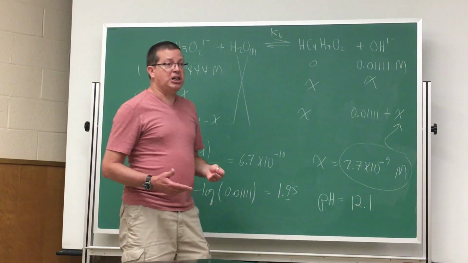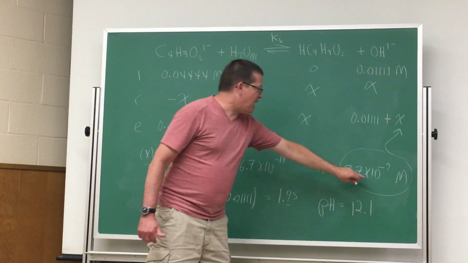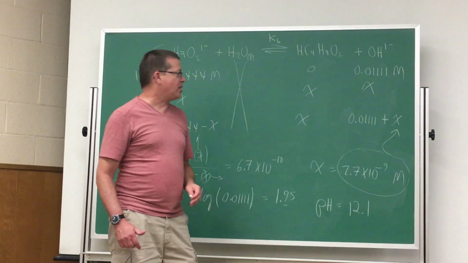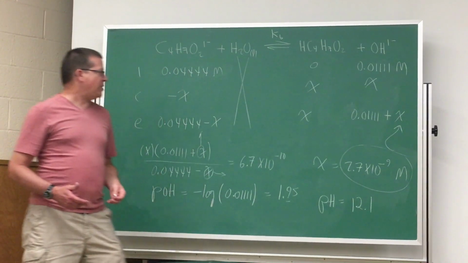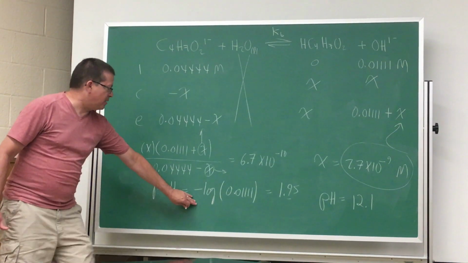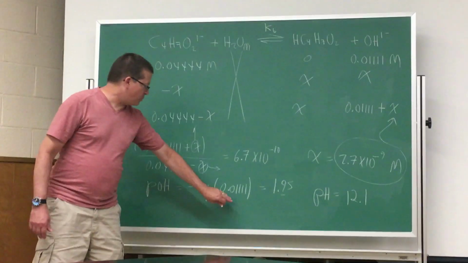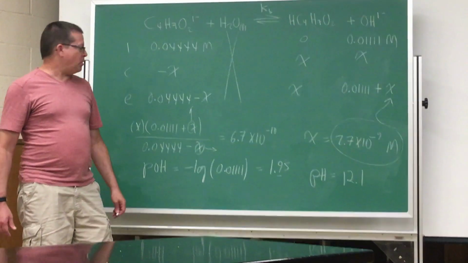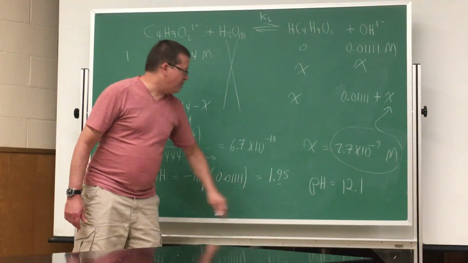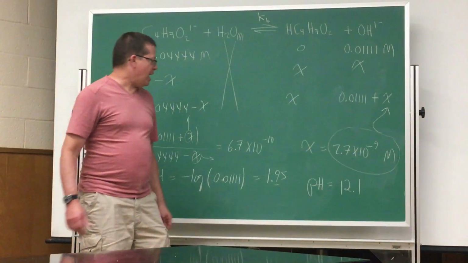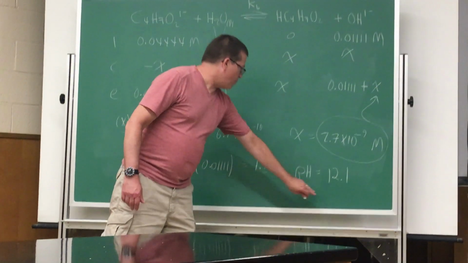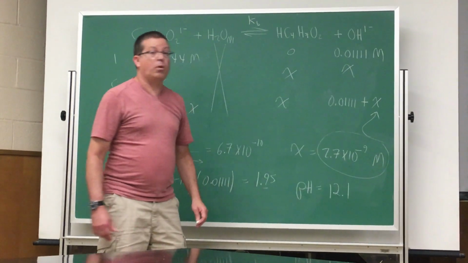So when we make that addition, what we see is that this is a negligible amount of hydroxide ion. So to get the pOH, all we're going to do is we're going to take the negative log of the original hydroxide ion that we had in excess, expressed as a concentration. And when we do that, we get 1.95, and from there we can calculate a pH by subtracting that number from 14, and we get 12.1.